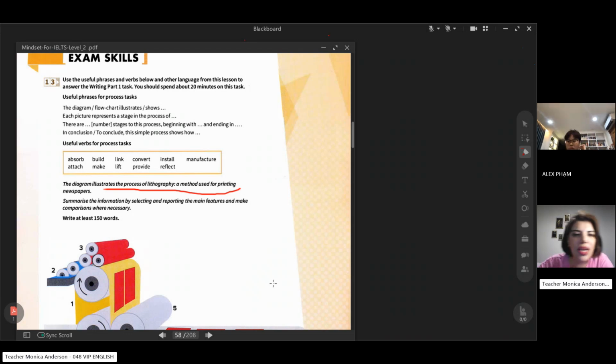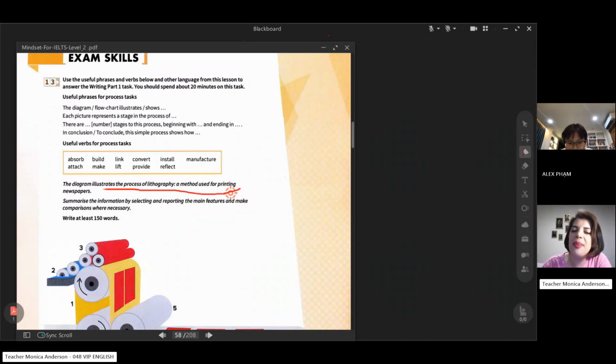Let's have a look. The diagram illustrates, shows, demonstrates what? Just tell me, what do you think? It's talking about the process of printing newspaper.